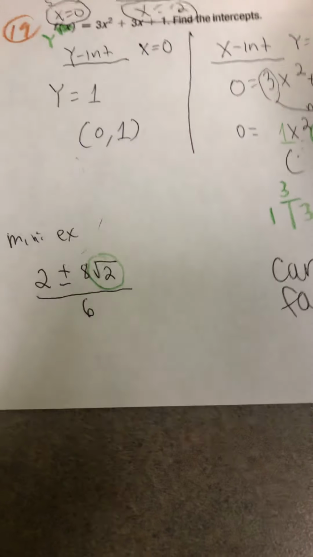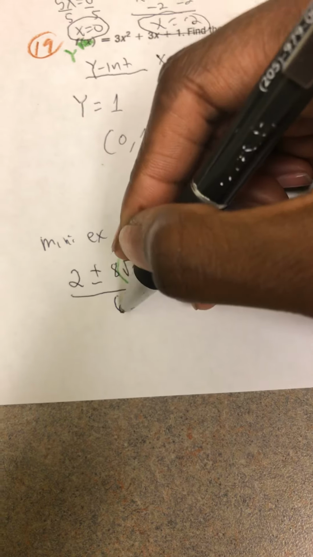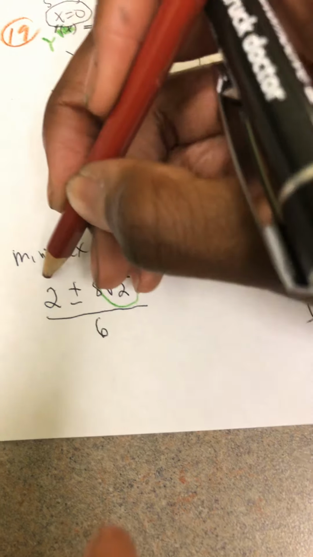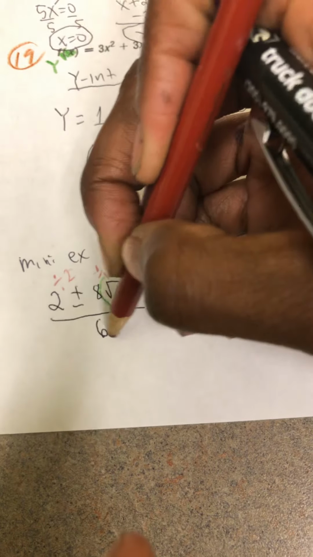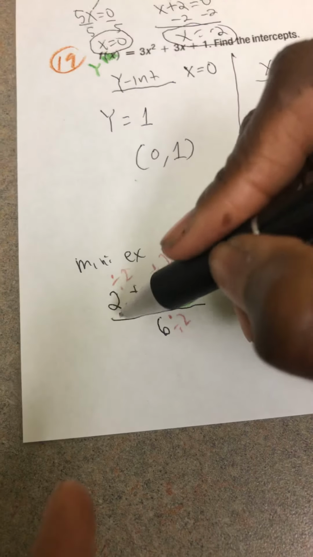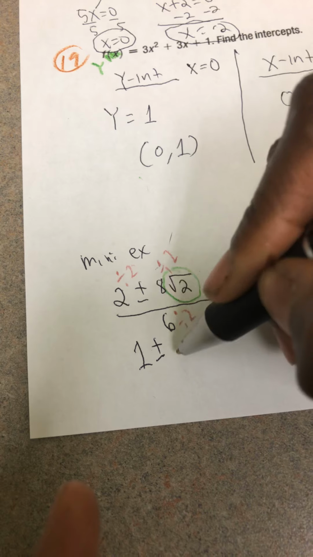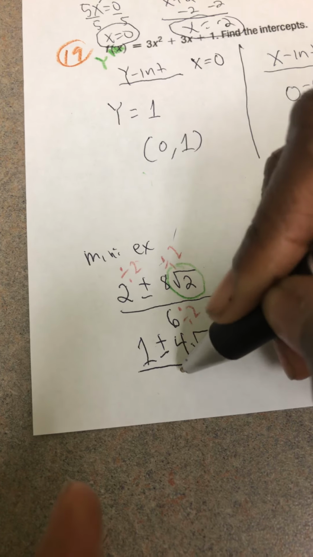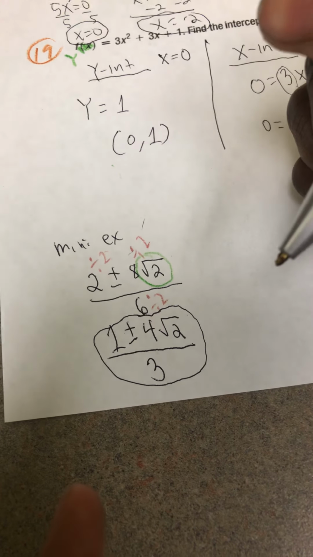You cannot touch it, but you can look at everything else. So we have a 2, an 8, and a 6, and each of these can be divided by 2. So you only divide the numbers on the outside by what they share, okay? So if we do that, 2 divided by 2 is 1, plus or minus 8 divided by 2 is 4. We leave the radical, we cannot touch it, and then on the bottom we have a 3 for the final answer. So that is how you would simplify it, okay?